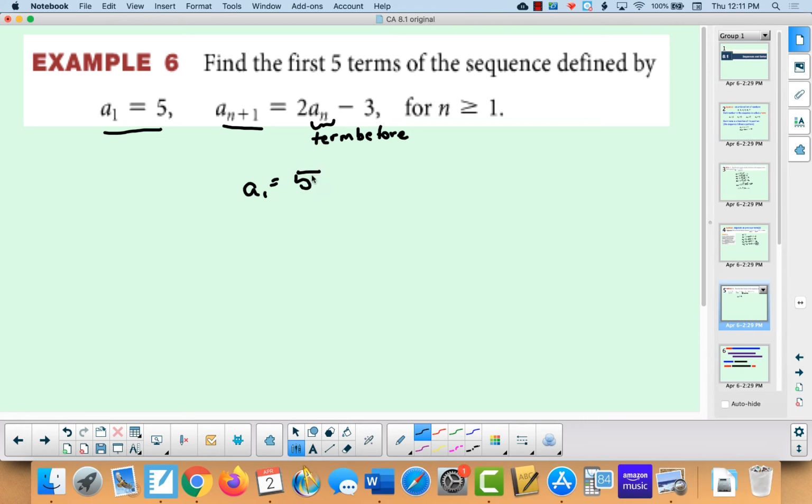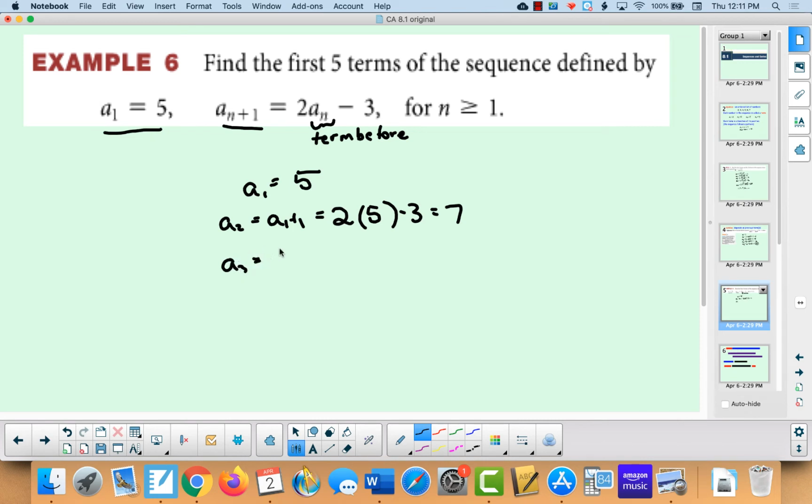They gave us that. A sub 2 is the same thing as a sub 1 plus 1. So there's our n plus 1. So we can see n is equal to 1 when we're looking for a sub 2. So we take 2 times a sub 1. A sub 1 was 5, minus 3, so that's 7.